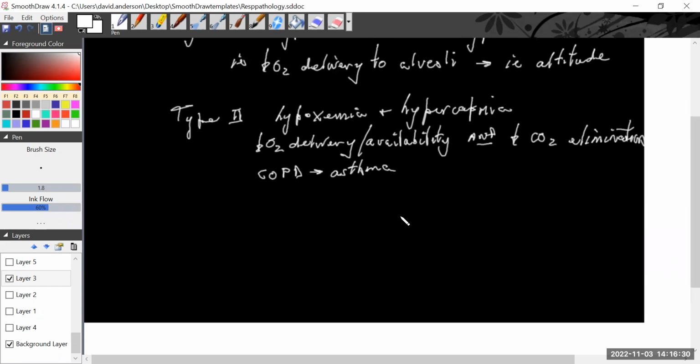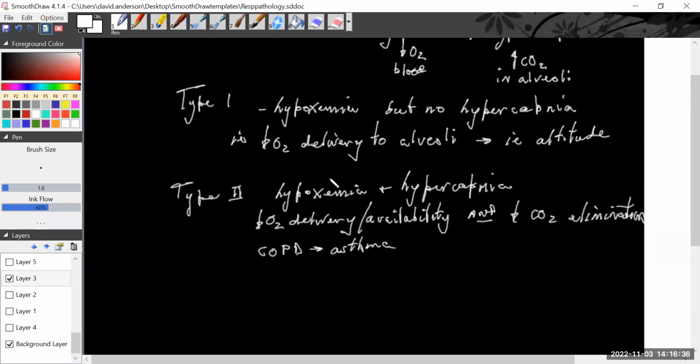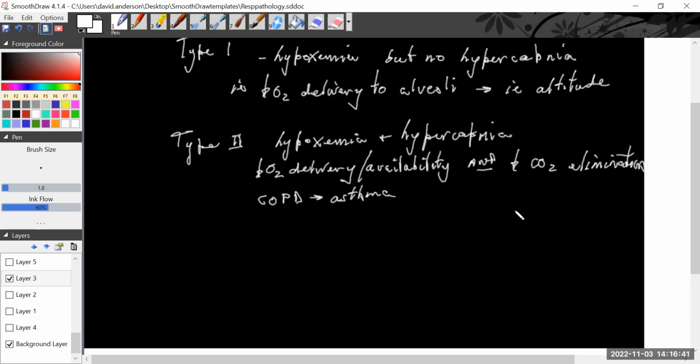So if somebody is in either of these scenarios, what do you expect will be the response? So we've got a problem with oxygen delivery and maybe a problem with carbon dioxide elimination. So how's it going to manifest? Sorry, go ahead. Hyperventilation. Yeah. So we're going to see some compensations, right?